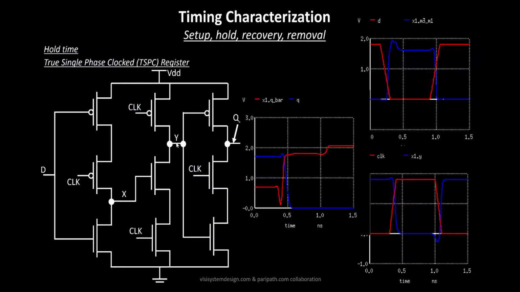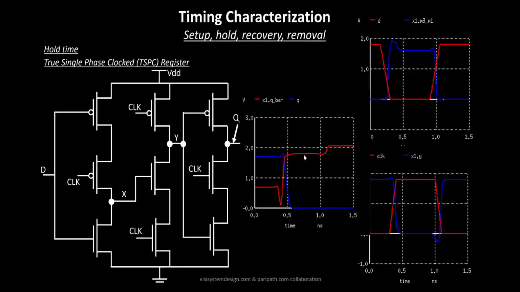Now since this particular node is at logic 0 and your clock is at logic 1, this point to this point is connected, and this thing behaves as a complete logical inverter. As a result, the Y which was at logic 0, now Q bar goes to logic 1.